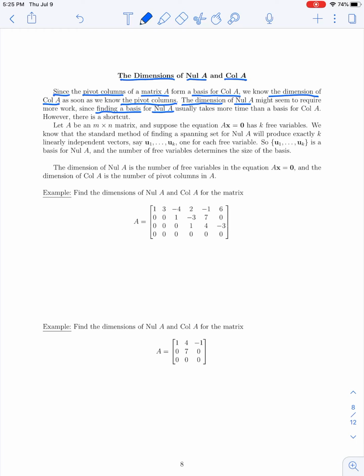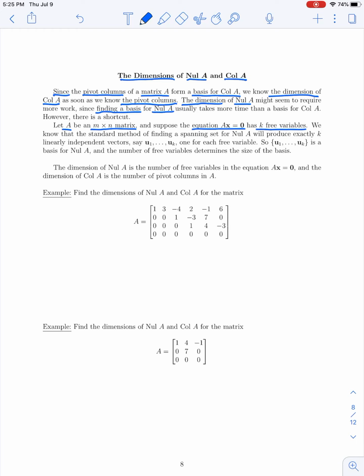So if we consider a matrix A, which is an m by n matrix, and we consider the equation AX equals 0, so that X is an element of the null space of A, and this equation has k free variables, or our solution X has k free variables.